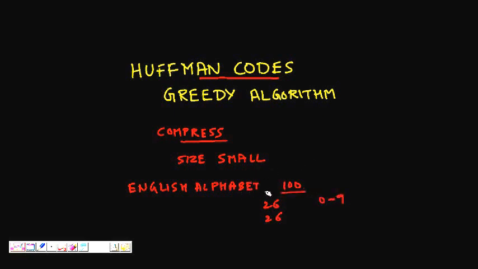All these make around 100 letters. How many bits are required to represent this? Log of 100 to the base 2, and the ceiling of this comes out to be 7 bits. So 7 bits are needed to represent 100 different letters.